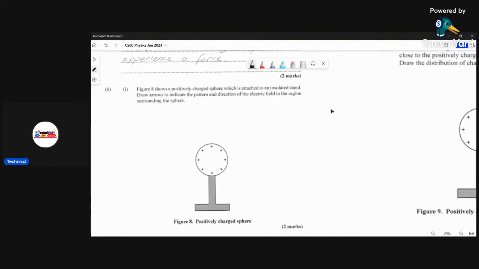Next part, figure 8 shows a positively charged sphere which is attached to an insulated stand. Draw arrows to indicate the pattern and direction of the electric field in the region surrounding the sphere. So we're dealing with a sphere, meaning round objects. Our field will take the pattern like this.